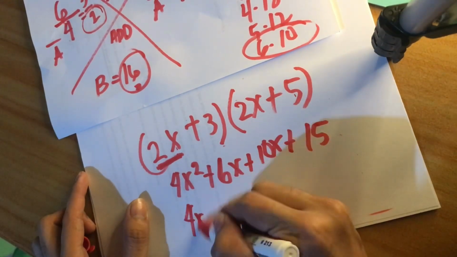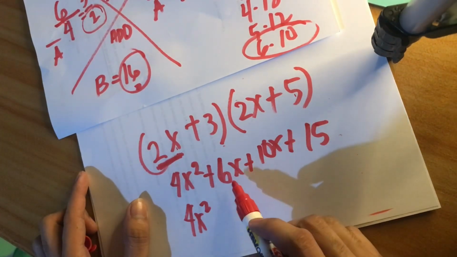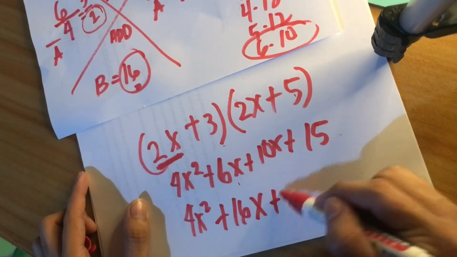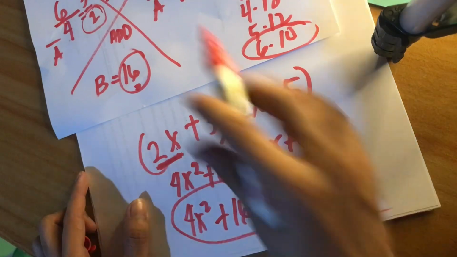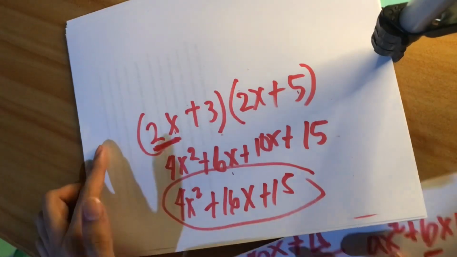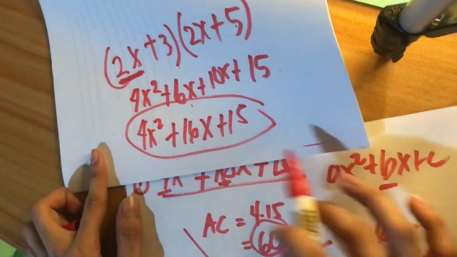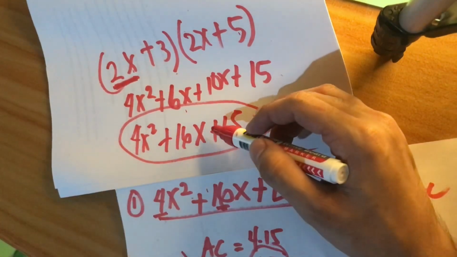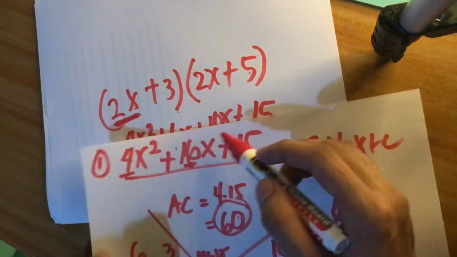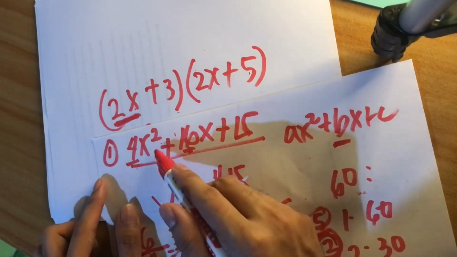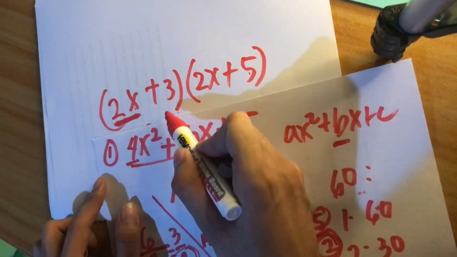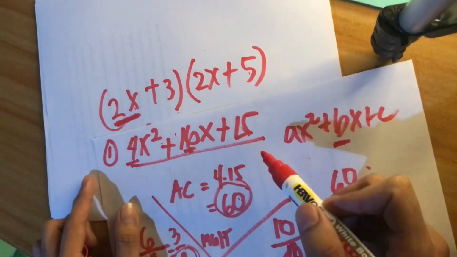Now, we have 4x squared, combine the similar terms, 6x plus 10x, that is 16x plus 15. Okay. Tama naman, di ba? Similar lang. Pareho lang. So, kapag ganyan yung pag-checking ng ating factored form. So, ibig sabihin yung factored form ng ating polynomial na 4x squared plus 16x plus 15 is 2x plus 3 times 2x plus 5.